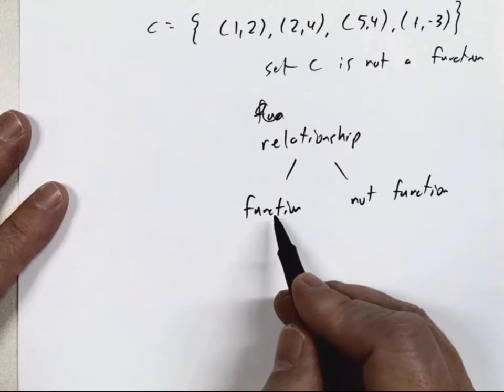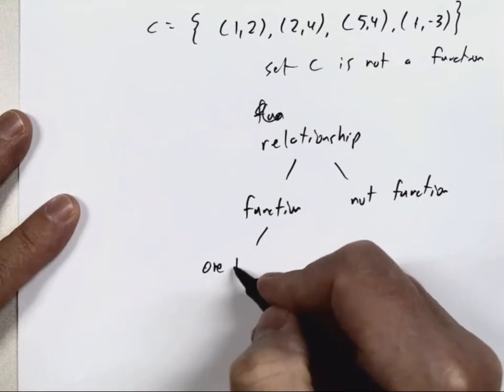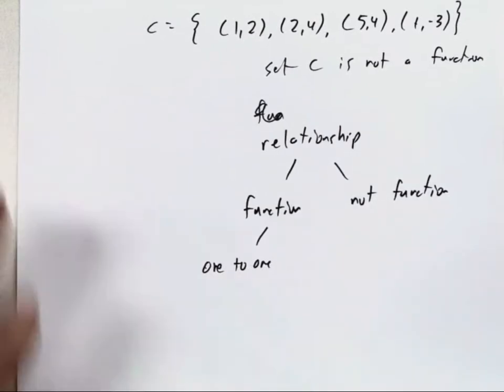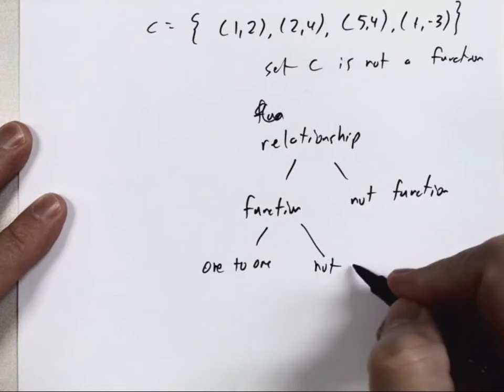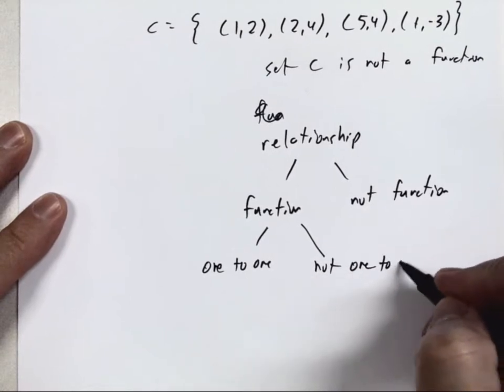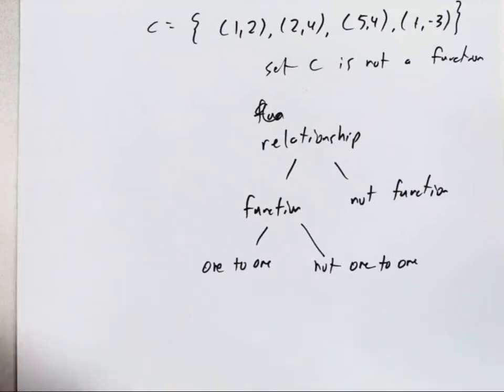Once you determine it's a function, then there's another thing you look at. Oftentimes in math they want to know, okay, it's a function, but is it a one-to-one function? And once again, there's only two possibilities. It is a one-to-one or it's not a one-to-one.